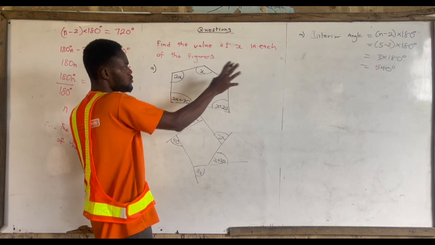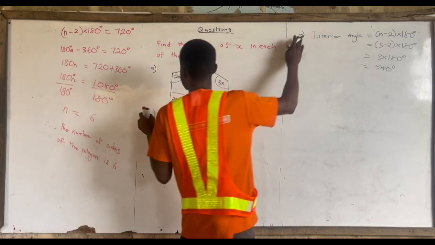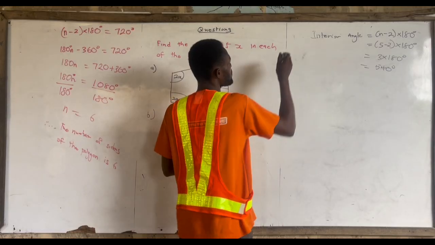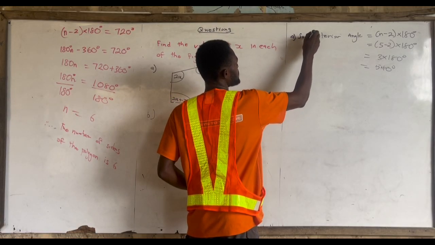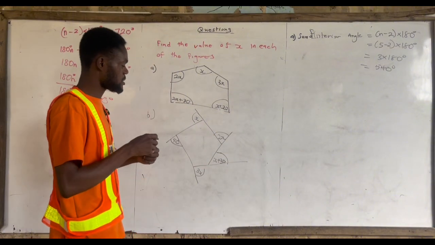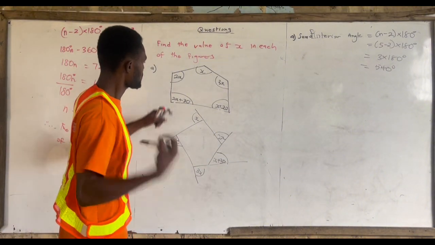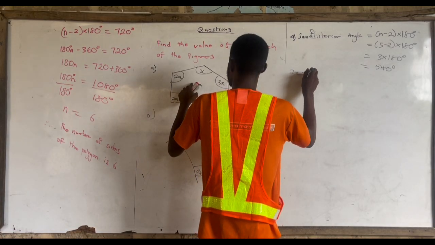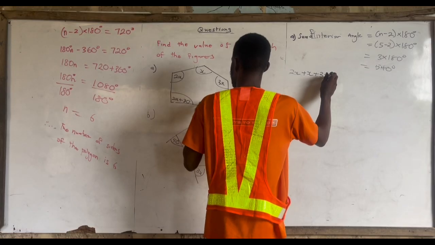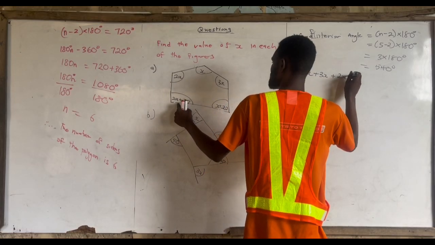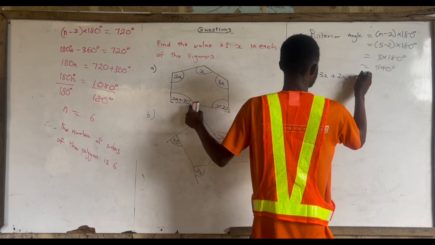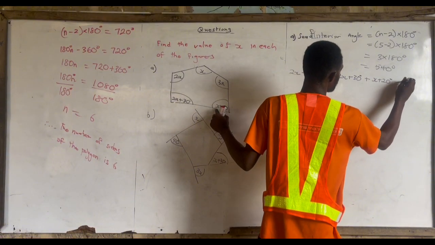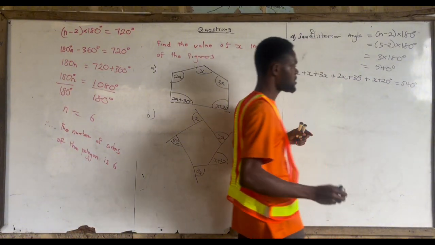Okay, so we calculate the sum of interior angles. Let me write it: sum of interior angles. So we have 2x plus x plus 3x plus 2x plus 30 degrees plus x plus 20 degrees is equal to 540 degrees.